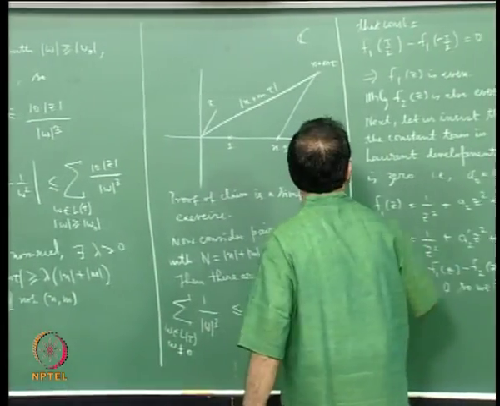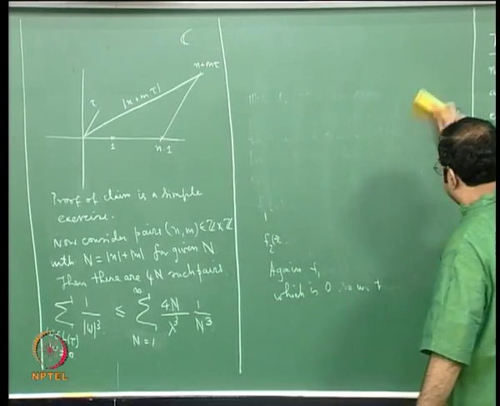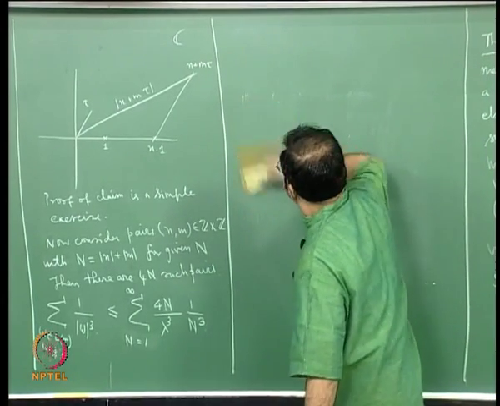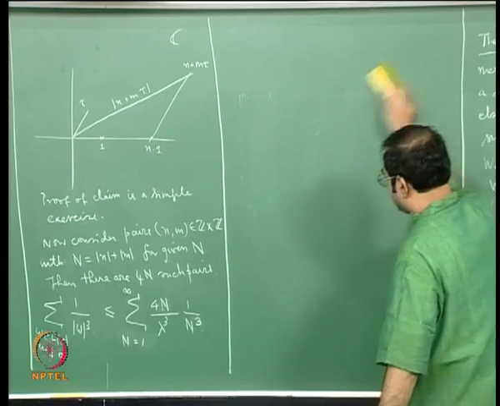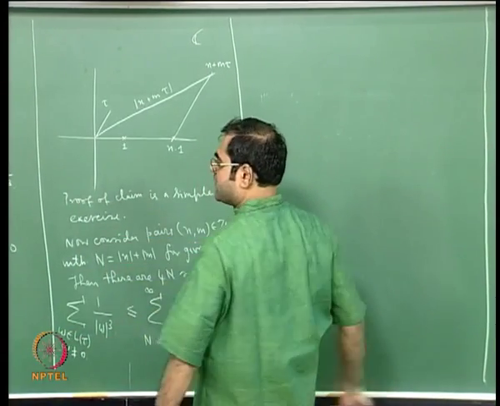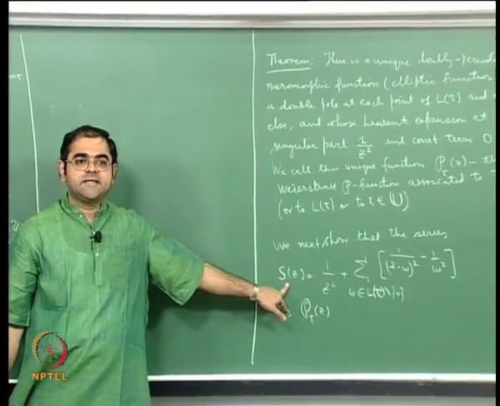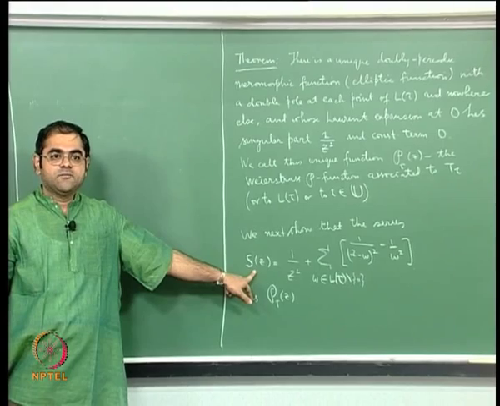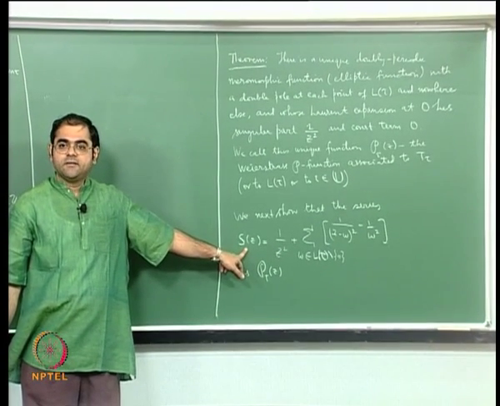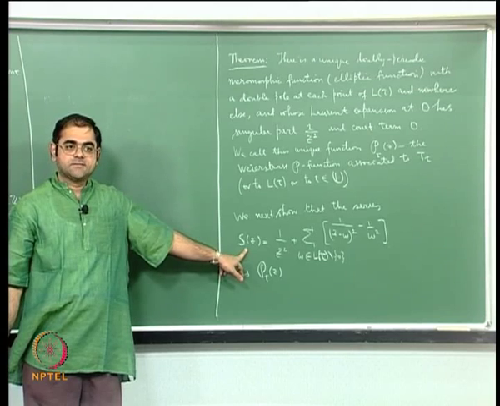So what does this calculation tell you? This calculation tells you that the series given by S of z converges uniformly and absolutely on all compact sets.